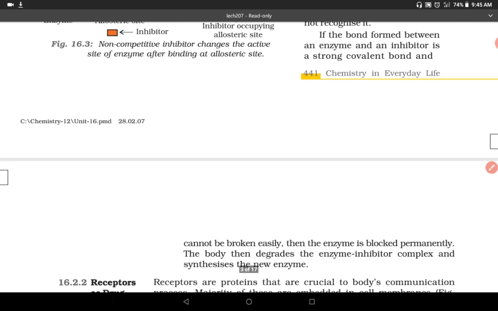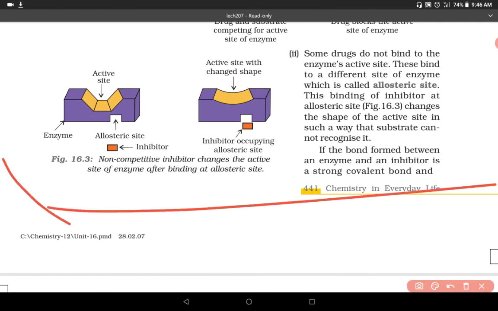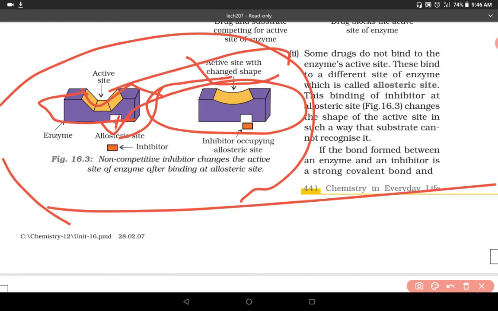But here, the suitable position does not occur because the allosteric site is attacked by the inhibitor, so it changes the active site shape, and this changed shape does not hold the substrate well to bind it. So the chemical reaction stops. If some chemical reaction is making our body unhealthy, then it is stopped by these inhibitors.